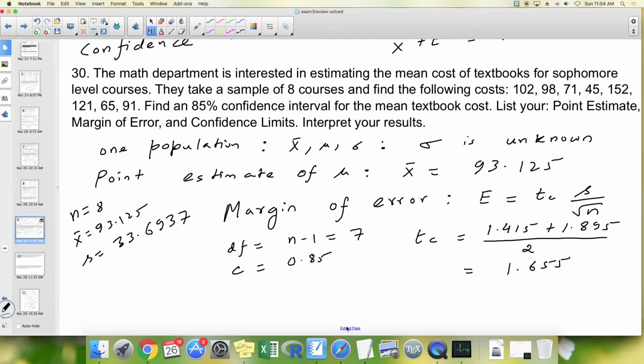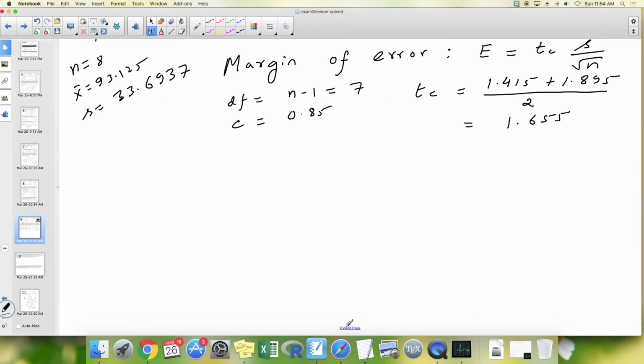All that being done, we can find E equals TC times S by square root of N as 19.7152.